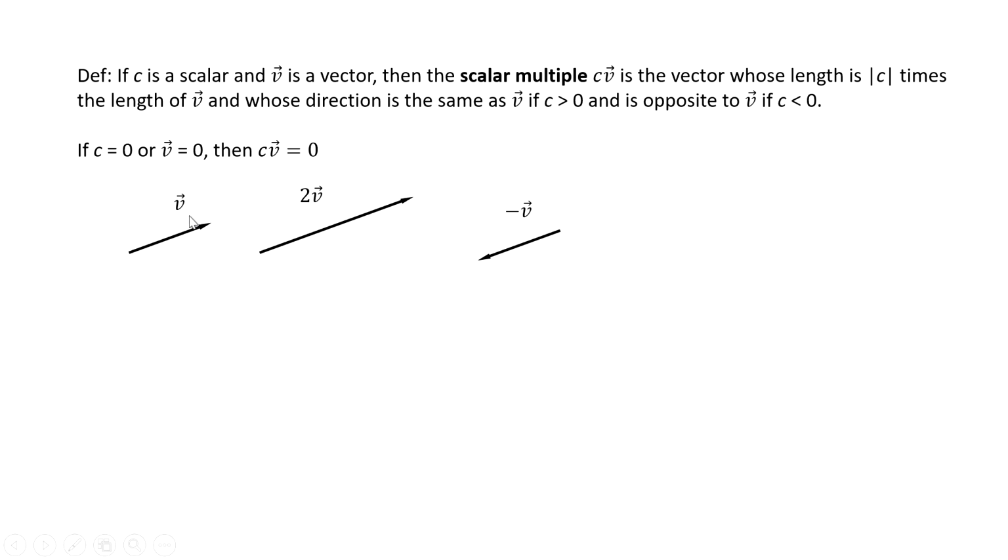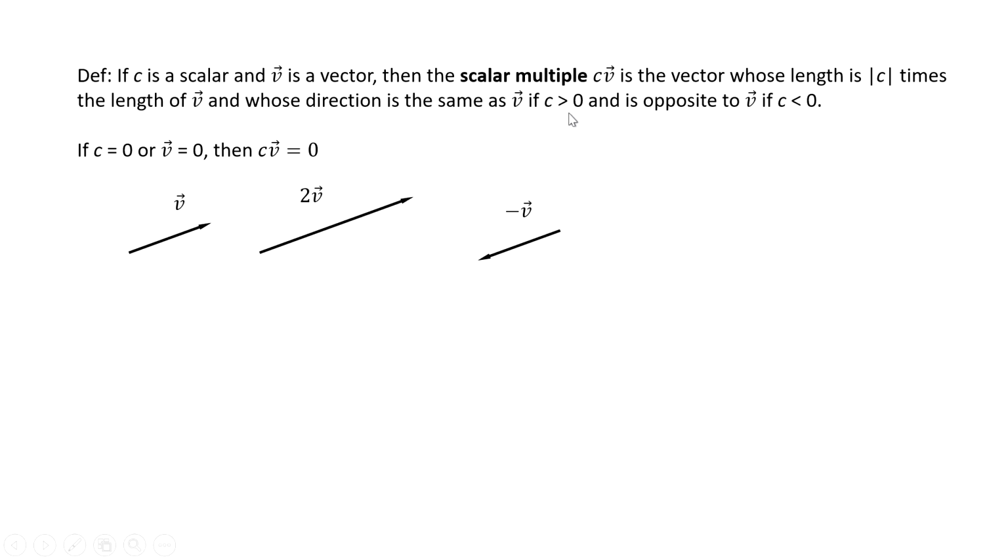Is 2V a scalar multiple of V? Yeah, of course, it's a scalar times a vector. Good. Is negative V a scalar multiple of V? Yes, it is. There is a constant: negative 1 times V, right? When I said C is a scalar, that means it has to be a real number. Is negative 1 a real number? Yes, it is. So this is nothing but negative 1 times V.